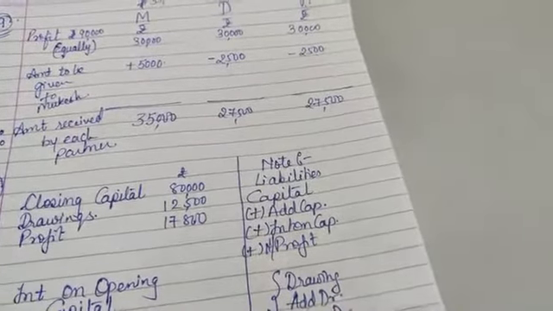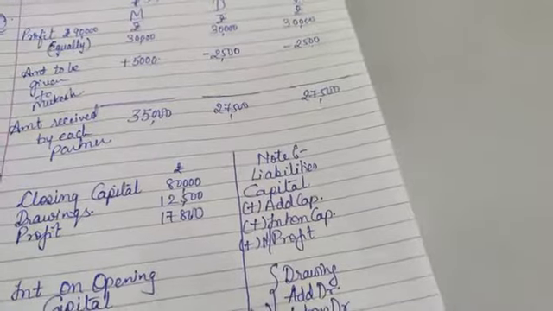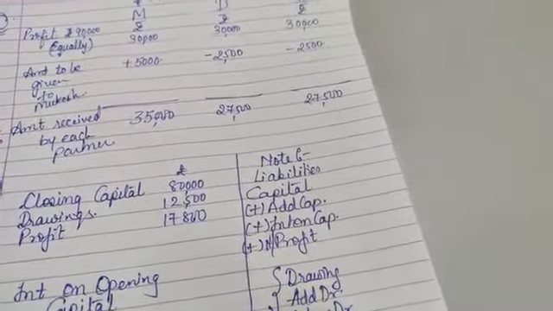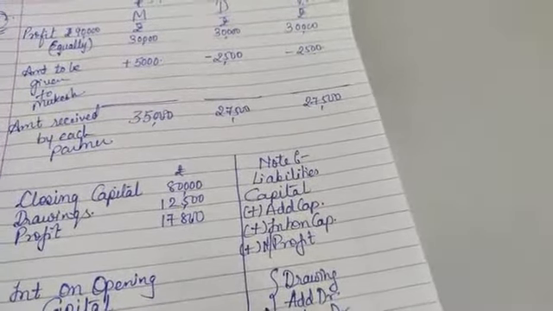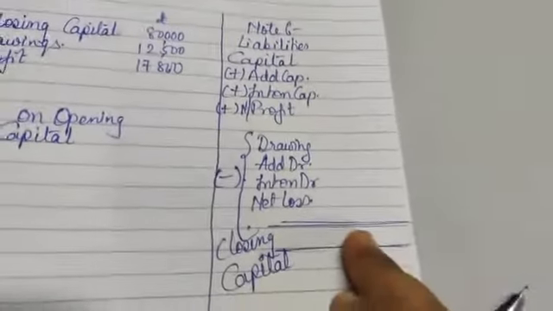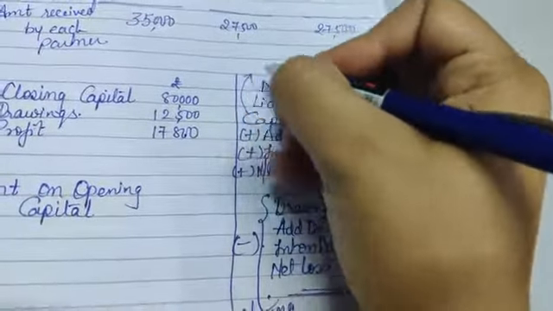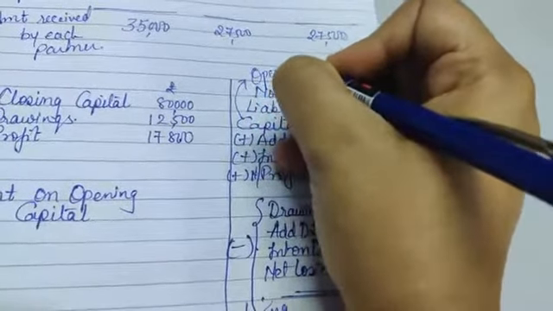And then at the end the amount which you were getting, that was your closing capital, okay. So at the end what you are getting is treated as closing capital, and this capital is treated as opening capital, okay.